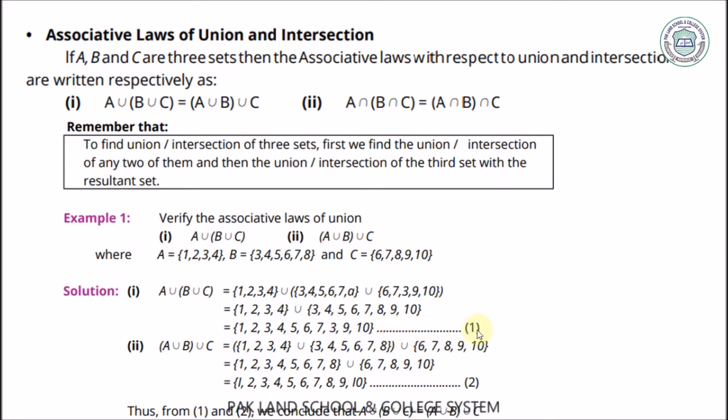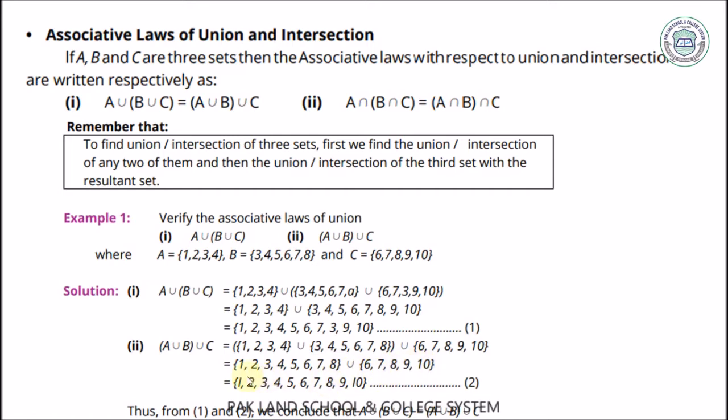It is equation 1. Second is (A union B) union C. So first we find A union B, and then take the union of the resultant set with C. So A union B, answer is 1, 2, 3, 4, 5, 6, 7, 8, union with set C, 6, 7, 8, 9, 10.